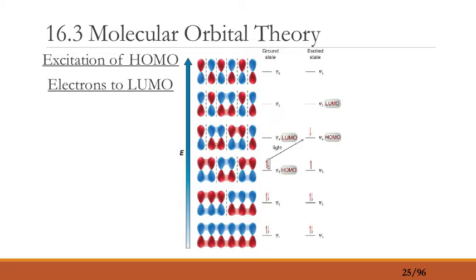Here we see excitation of an electron in the HOMO of a molecule to the LUMO of another molecule. This looks like it's 1,3,5-hexatriene. So the HOMO to LUMO gap there is in the UVC spectrum.